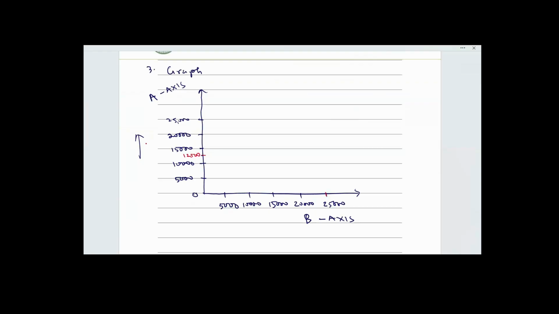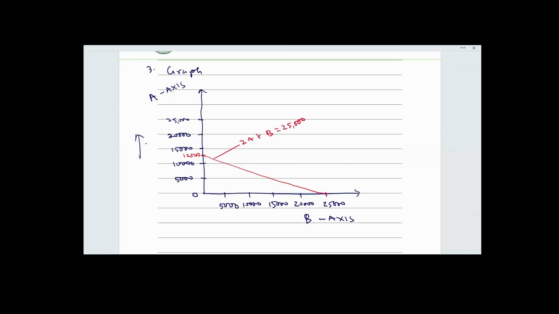So you need to plot the two, you join the two together. You manage it. Anyhow I draw it, you manage it. So this is equation 2A plus B equal to 25,000.